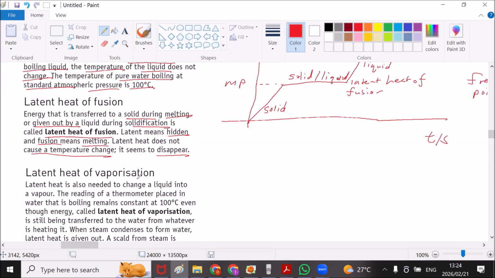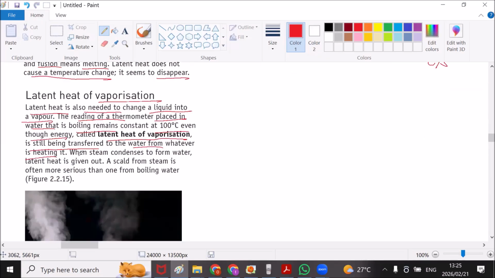Latent heat of vaporization. Latent heat is also needed to change a liquid into vapor. The reading of a thermometer placed in water that is boiling remains constant at 100 degrees Celsius, even though energy, called latent heat of vaporization, is still being transferred to the water from the heating source.